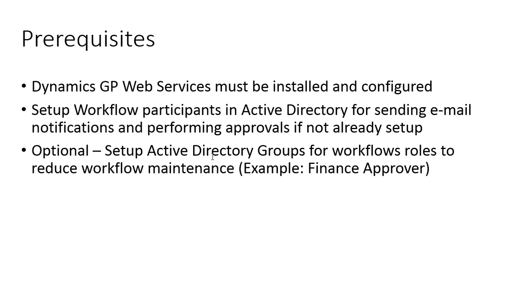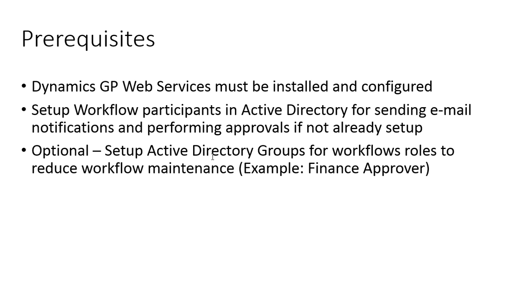Now, one thing that's optional you might want to think about is setting up Active Directory groups, which could work as workflow roles. The reason you would do this is that instead of saying in the workflow, assign this task or approval to Steve, you could say assign this to the finance approver.